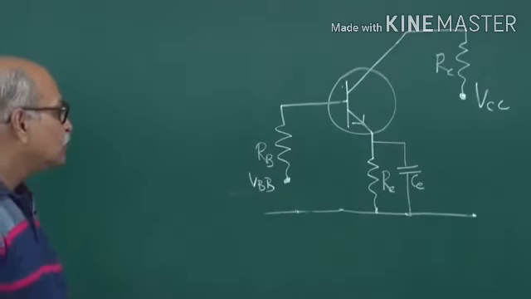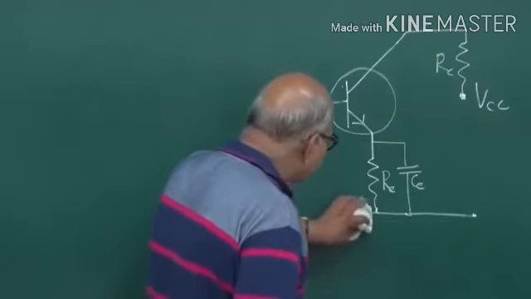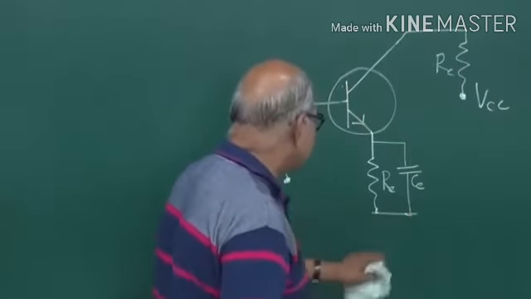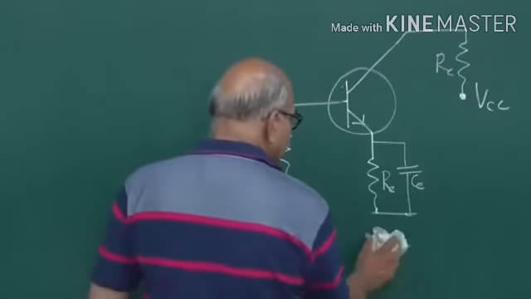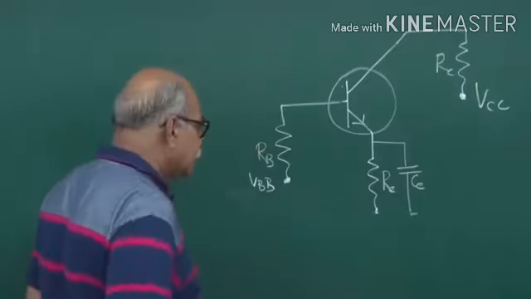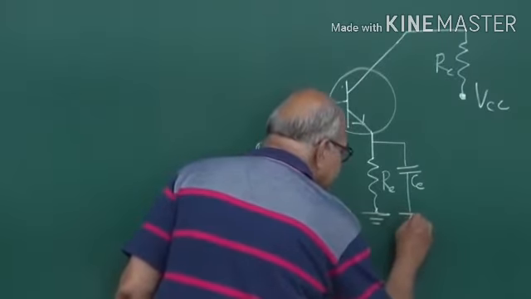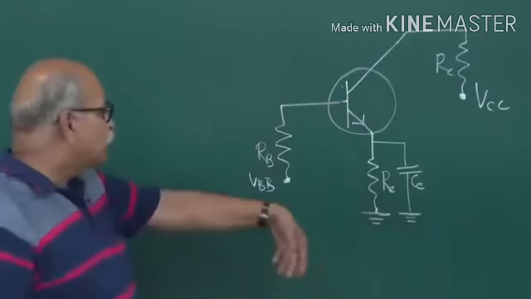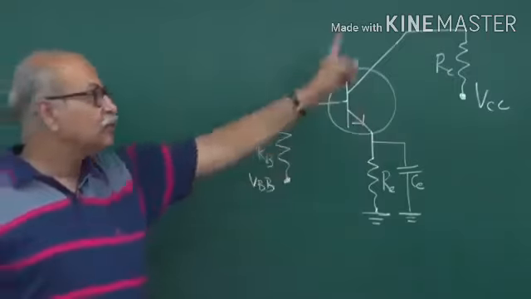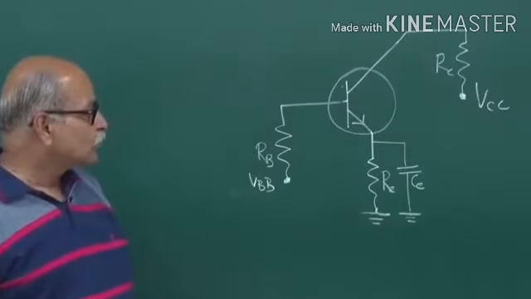And then you can remove this ground line also, and these things which are connected to ground, this also you can remove, and you can put a ground symbol here. You can say that this is the ground symbol, this is ground. Wherever there is a zero potential point, you can put this symbol anywhere in the whole circuit, and we know that that is connected to this line. So this is one thing.